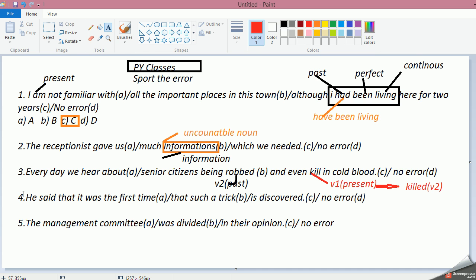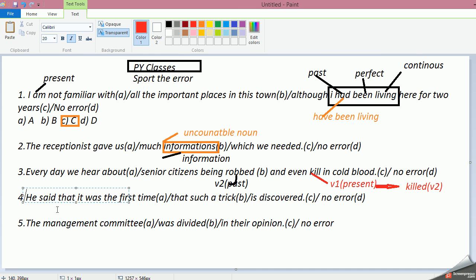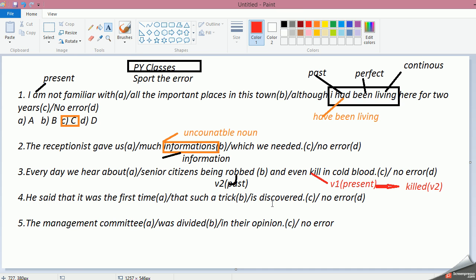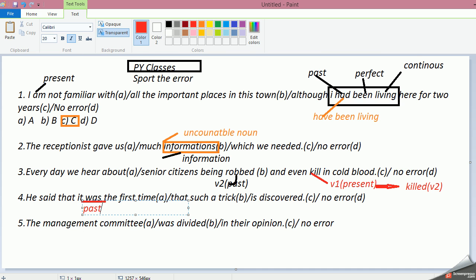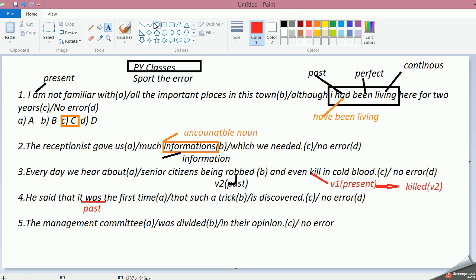Now come to part four. Question number four. He said that it was the first time that such a trick is discovered. Here you can see the sentence is talking in past, but coming to the second part, it is talking in present.